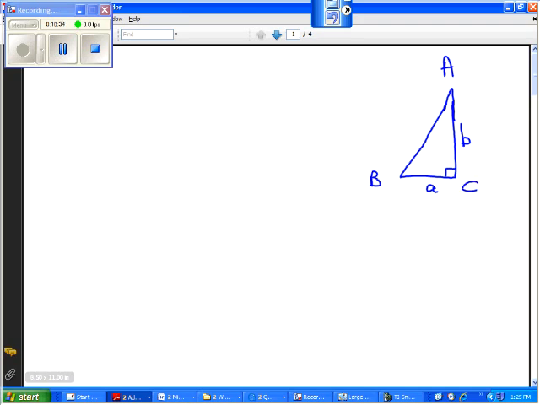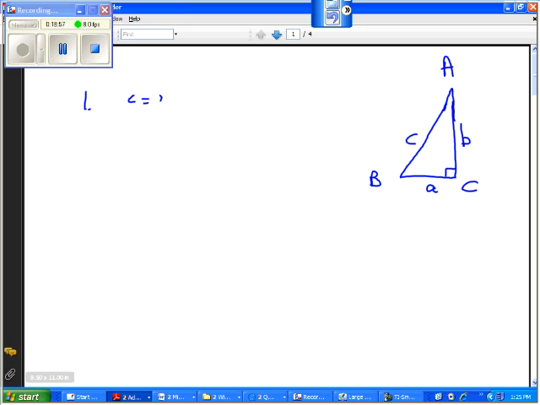And we normally would call the right angle C, because if we were thinking Pythagorean theorem, we would want to see a squared plus b squared is c squared, where little c is the side opposite the hypotenuse, big C.